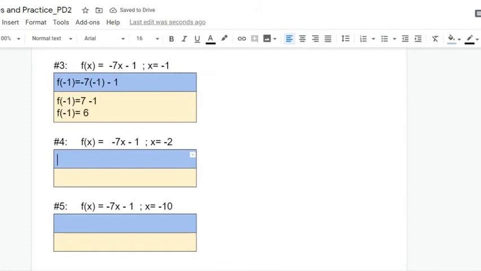Looking at number 4, again with negatives everywhere, so we have to remember f of x equals -7x minus 1, and this time x equals -2. So let's start setting up. F of -2 equals -7, in parentheses, -2, minus 1.